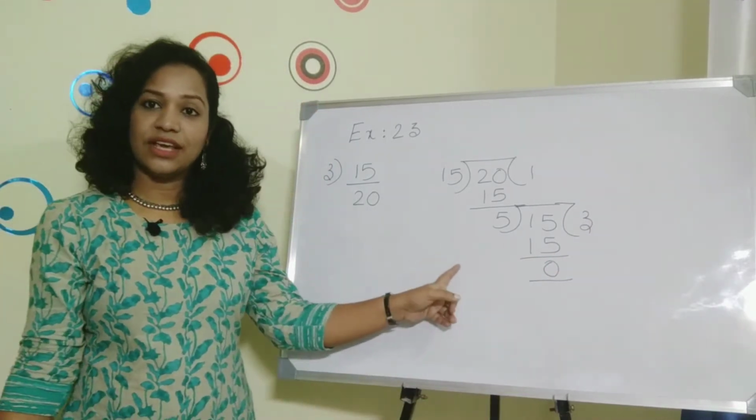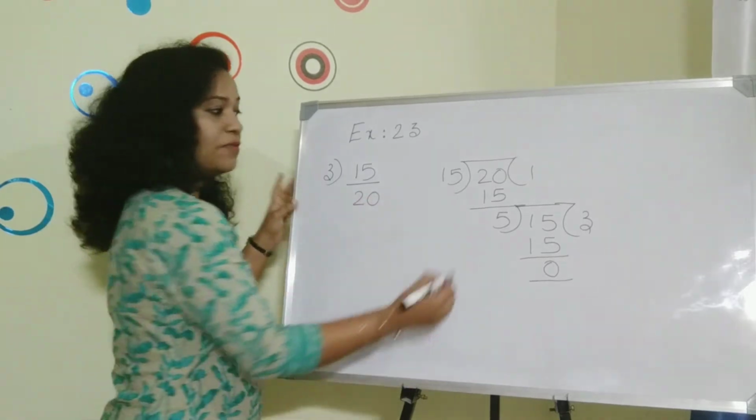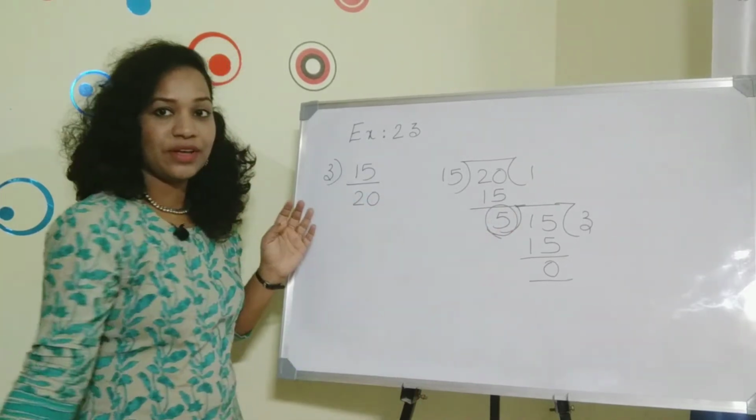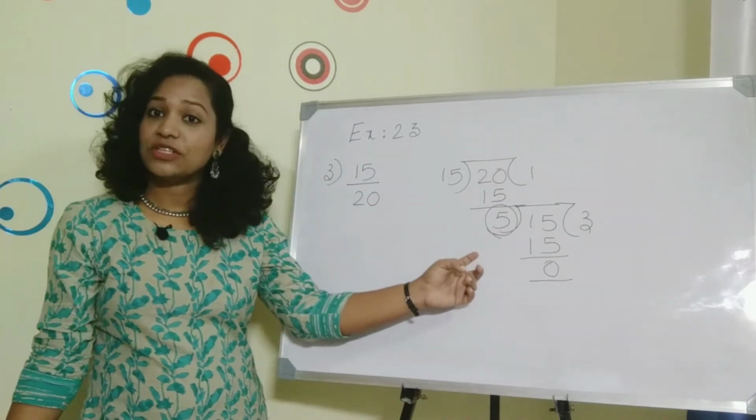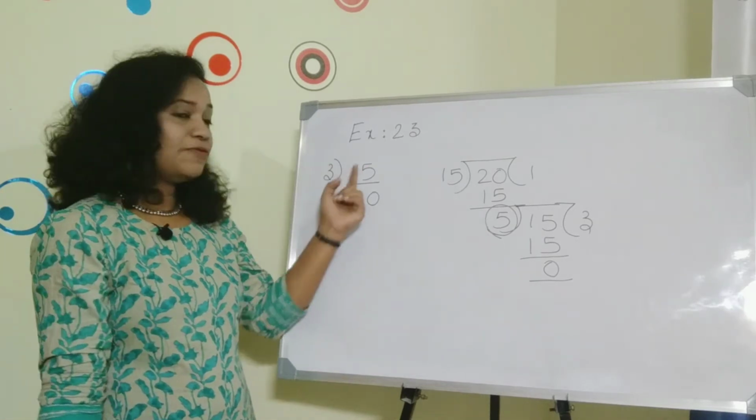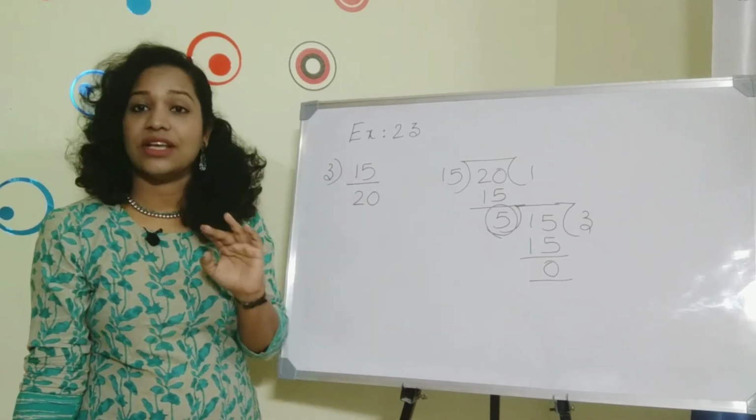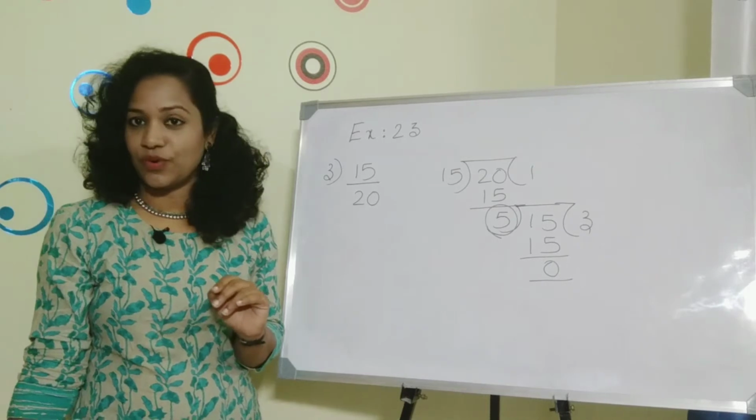What is the HCF? Here the HCF is 5. HCF is not 1. So this fraction is not in its simplest form.